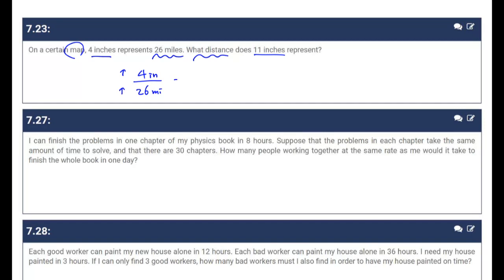And that should equal 11 inches. That should go on the top because the numerator is inches, right? We set it up that way. And that's going to be what distance actually? X miles, right? So it's basically 4 over 26 equals 11 over x. And 4 can be reduced into 2 and 26, 13, isn't it?